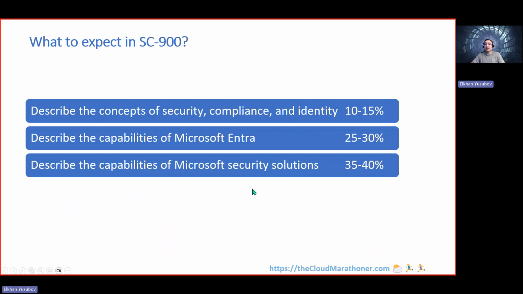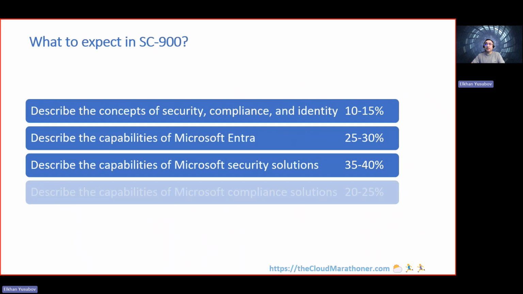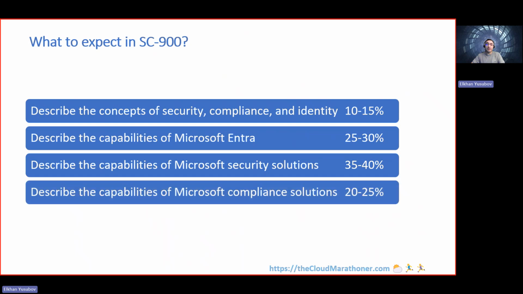Then we have describing the capabilities of Microsoft Security Solutions, which takes another chunk. Close to half of the exam material is focused toward that domain objective. And then you have another very important domain group, which is the capabilities of Microsoft Compliance Solutions. This is going to be the last section, which is also taking a quarter of the domain questions and exams.